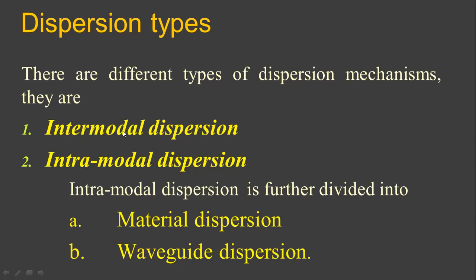Intermodal dispersion takes place between multiple modes, whereas intramodal dispersion takes place when there is only one mode of propagation of light inside the optical fiber. This intramodal dispersion is further divided into two types: one is the material dispersion, another one is the waveguide dispersion.